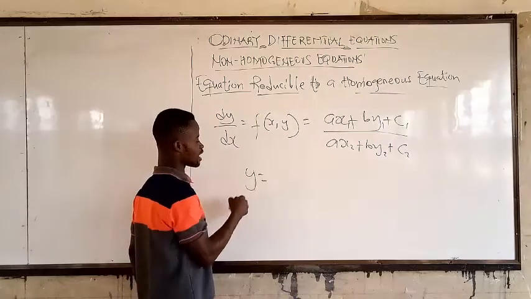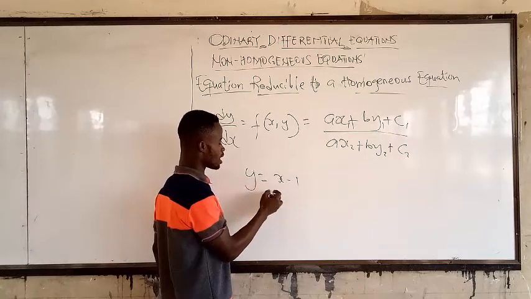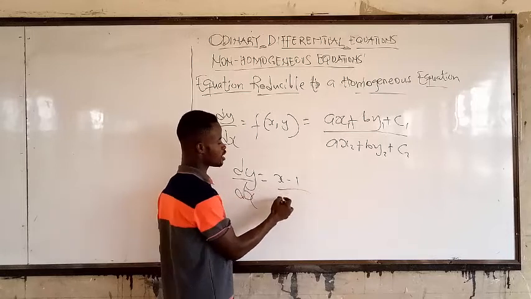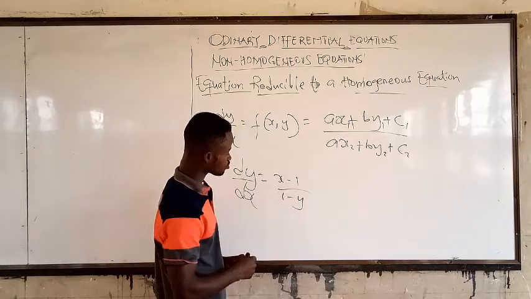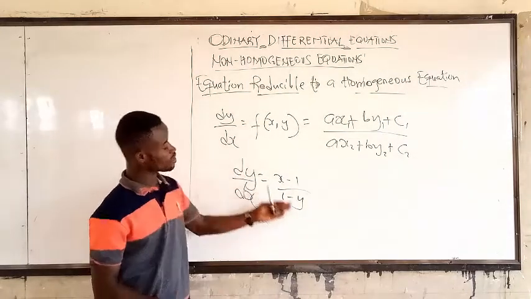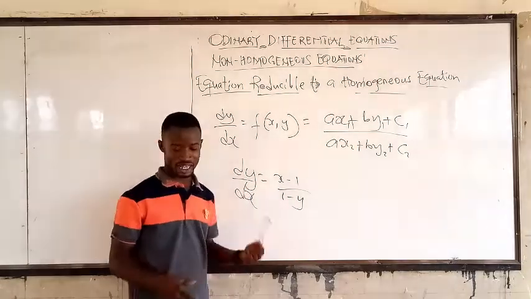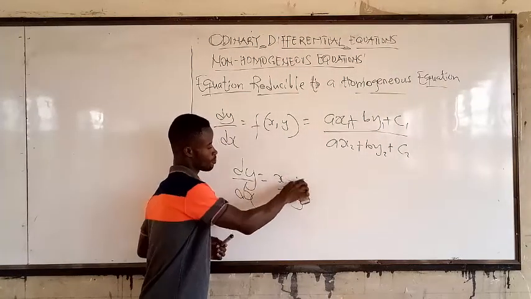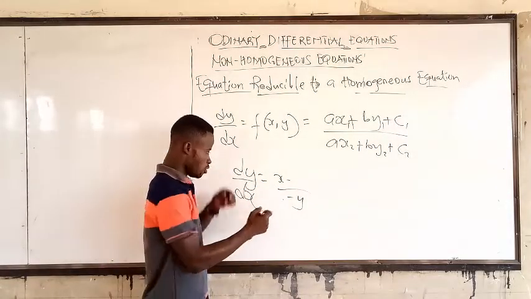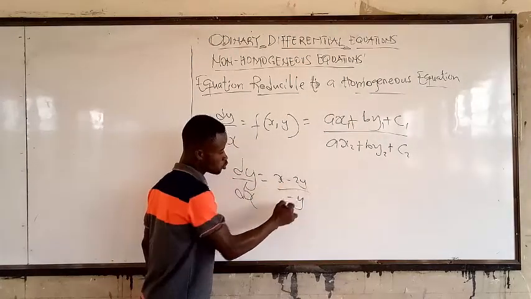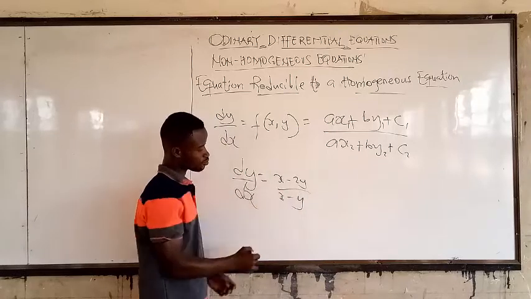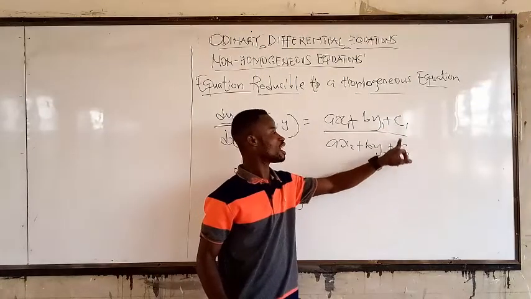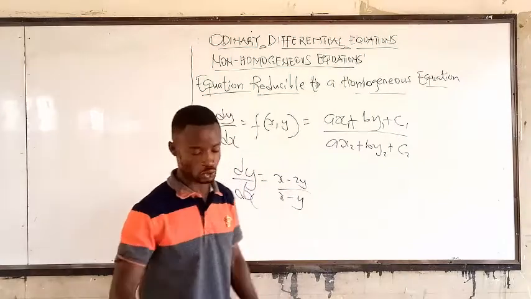We were given things like, let's say, dy/dx equals x minus 1 over 1 minus y, or 2y plus x, and others, but we did not see the case where a constant is introduced.